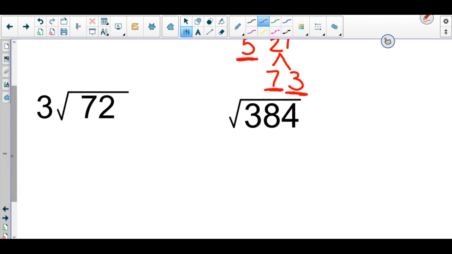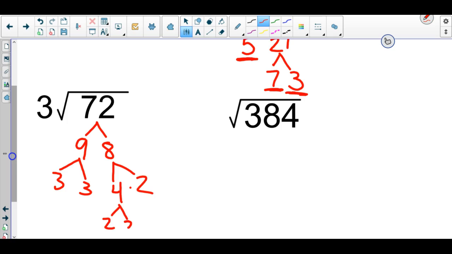3 root 72. We're going to simplify the root 72 part. What do we got? 9 times 8. 3 times 3. 4 times 2. 2 times 2. So the pairs of numbers. Pair of 3's brings a 3 out.